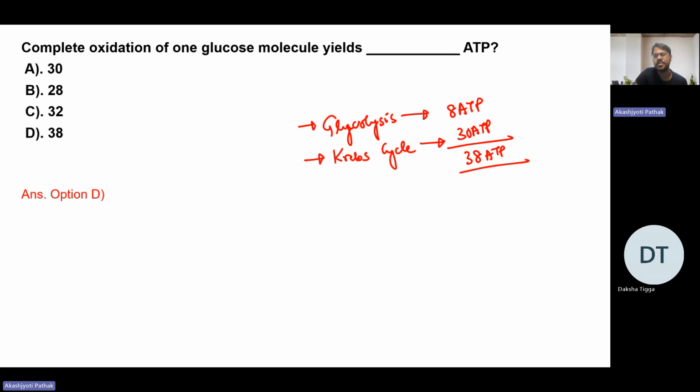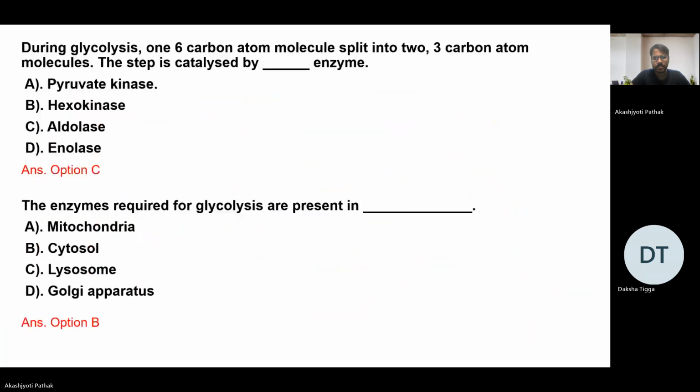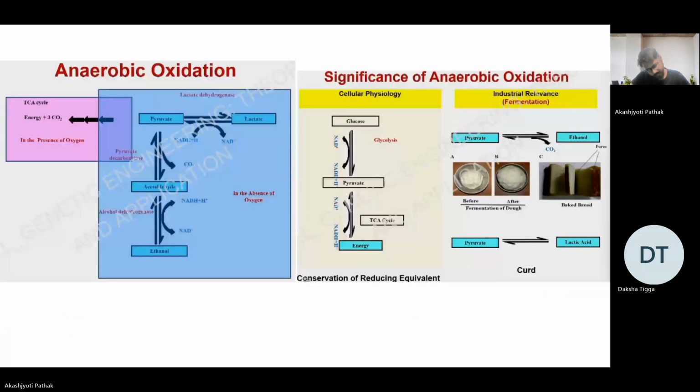This NADH is produced when glyceraldehyde 3-phosphate is converted into 1,3-bisphosphoglycerate. Okay, so the answer is 30.